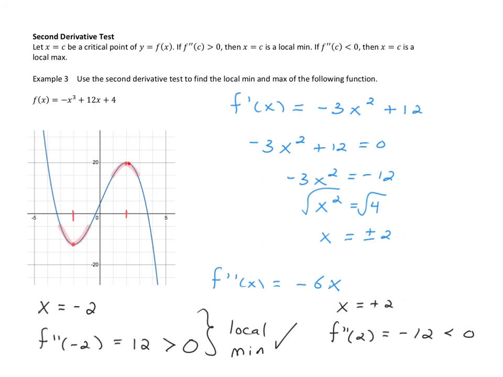But if you have a critical value and the graph is concave down, that must mean you have a local max. So here we go. We just included concavity to help us determine the nature of critical points. You can figure out if they're local mins or maxes just by using the second derivative.